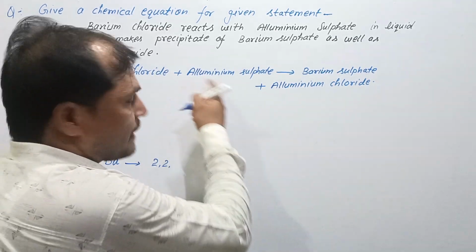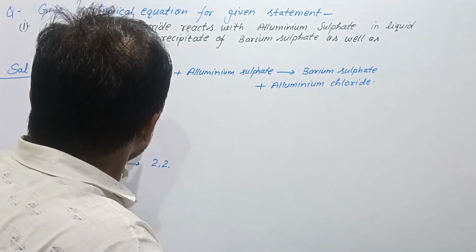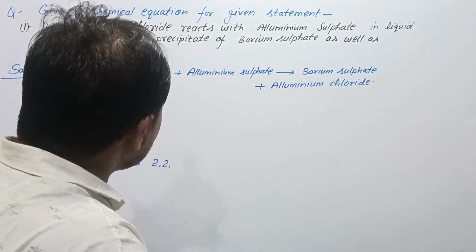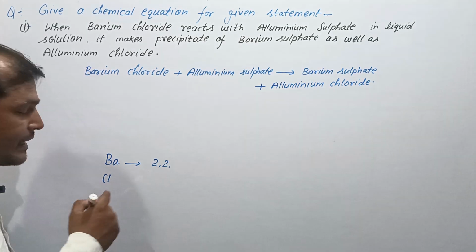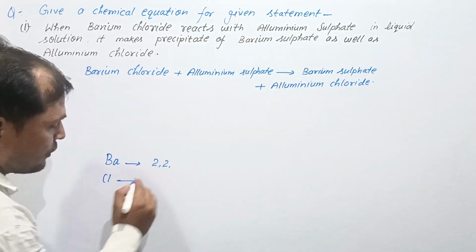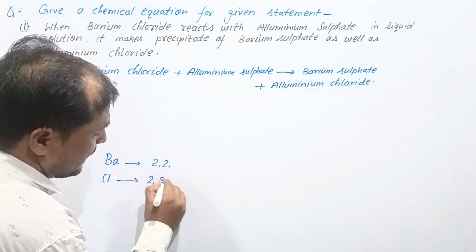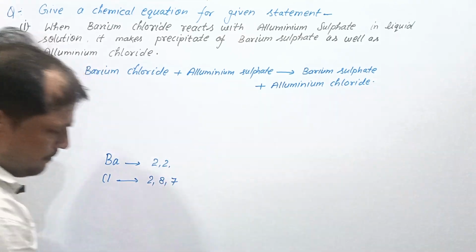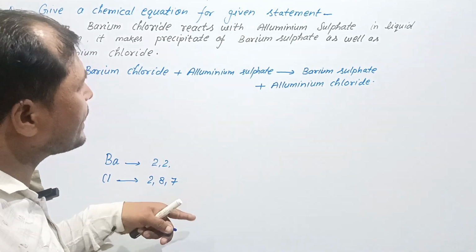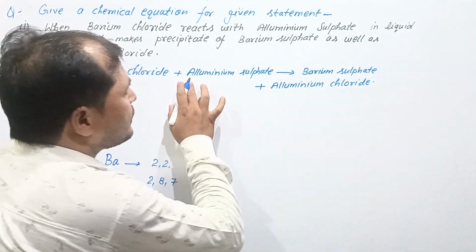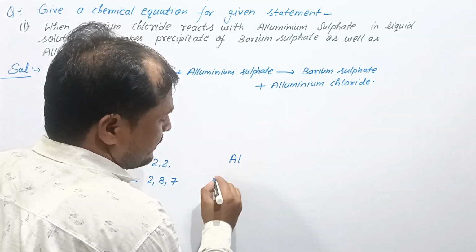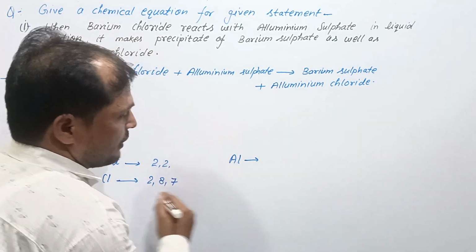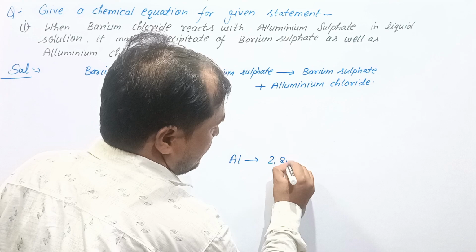Now let us attempt to find the electronic configuration of chlorine. Cl is at number 17, hence its electronic configuration is 2, 8, 7. Similarly, we can write the electronic configuration of aluminium. Aluminium is at number 13, so its electronic configuration is 2, 8, 3.